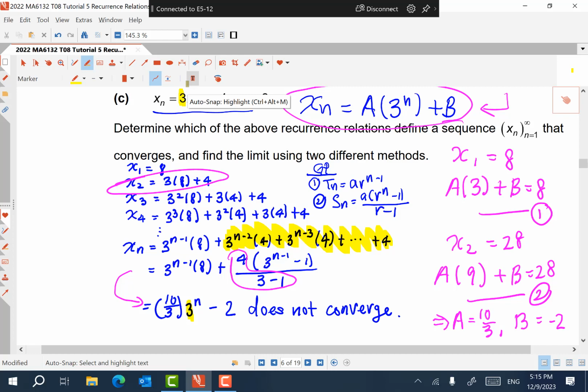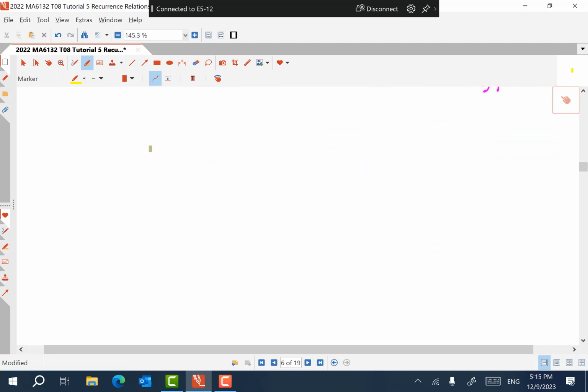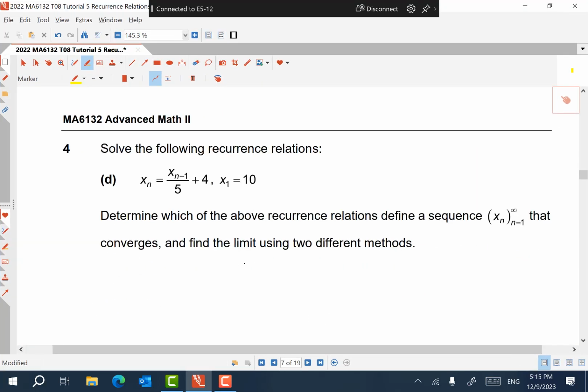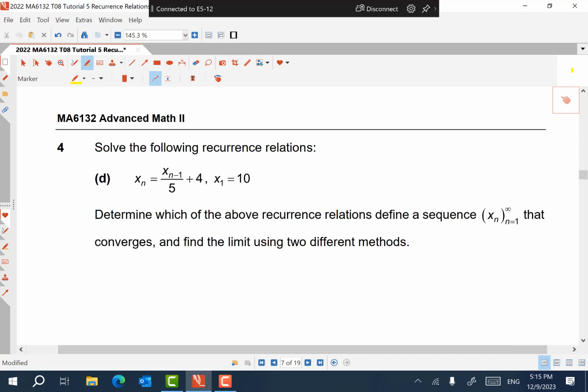And because of this, the class will believe that in 4D it converges. Why do you think in 4D it will surely converge? Because it's 1/5.